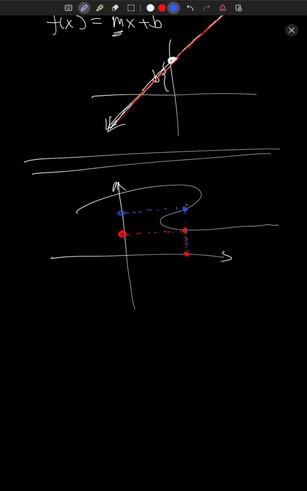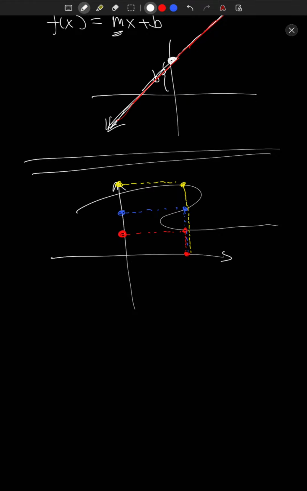Again, I'm going up until I hit the graph, and then I'm going horizontally until I hit the y-axis. So both the blue and the red make sense in terms of what the output should be. And in fact, there's even one more at the same point that I could also argue should be the output. So this is not legal.